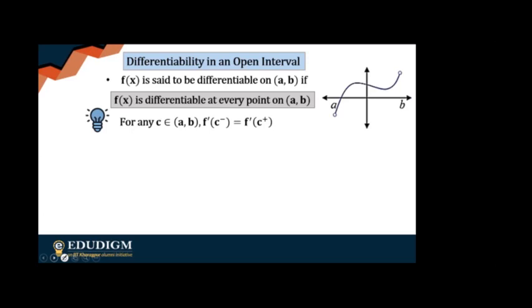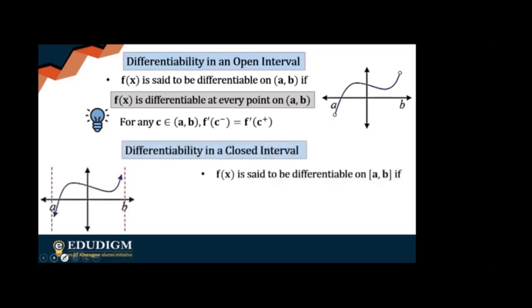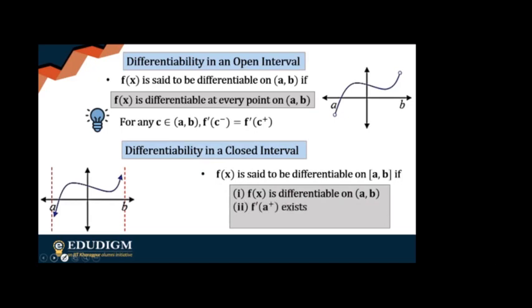For every point, the left hand and the right hand derivative are equal. For the closed interval, apart from the corresponding open interval, you also have the extremities. For A, you have the right differentiability. For B, you have the left differentiability.